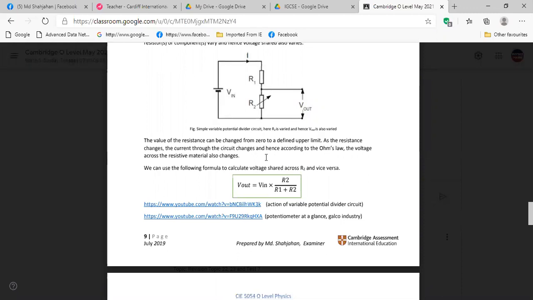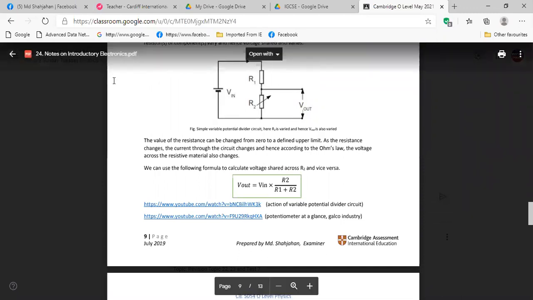If I give you one example, I'm annotating here. The source voltage is 6 volt, and R1 is 2 ohms, and R2 is 1 ohm.